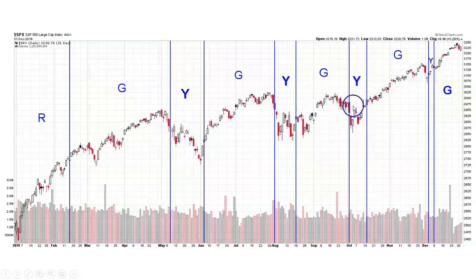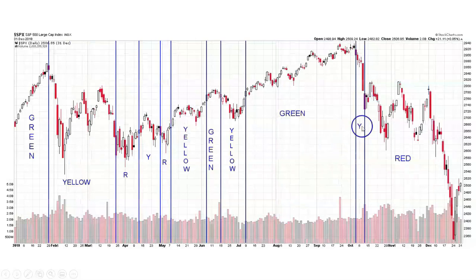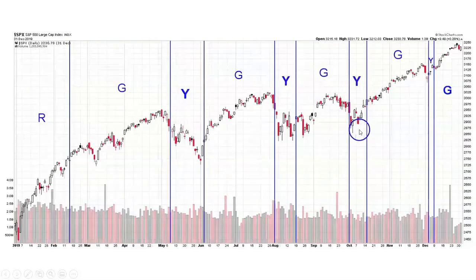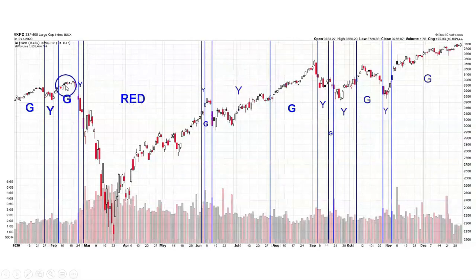The yellow is kind of a short pullback in a lot of cases, but as we saw here in 2018, and what you'll see also in 2020, is the yellow signal can be that transition signal between a green signal and then a red signal, as we see here with the COVID sell-off in February, March of 2020.